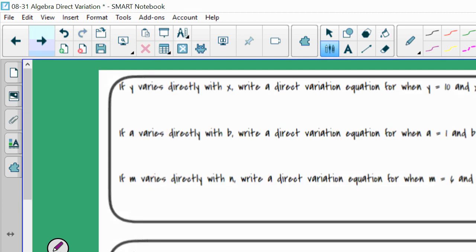Okay, going to the back. Let's look at some direct variation problems. If y varies directly with x, that's just a fancy way to say that there's a proportional relationship. Write a direct variation equation for when y equals 10 and x equals 3.